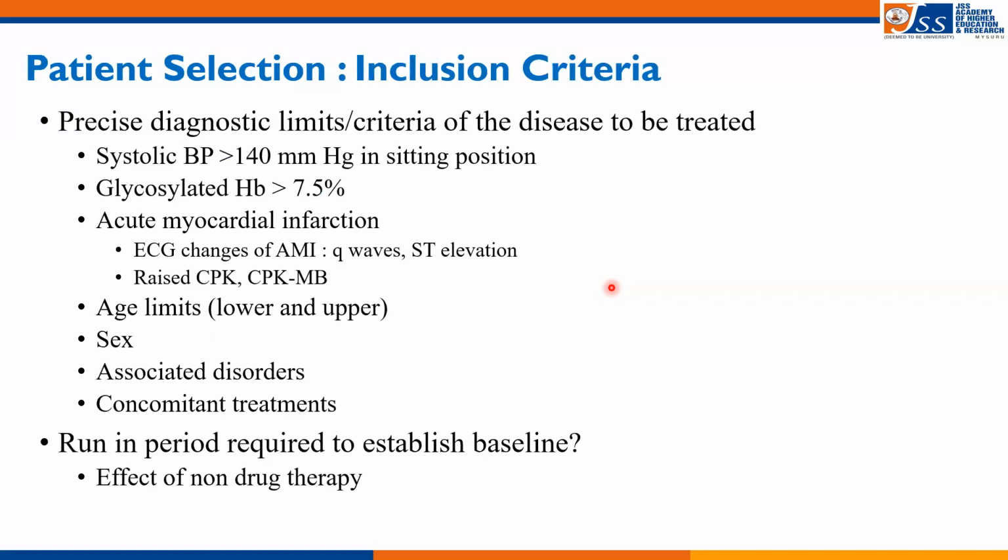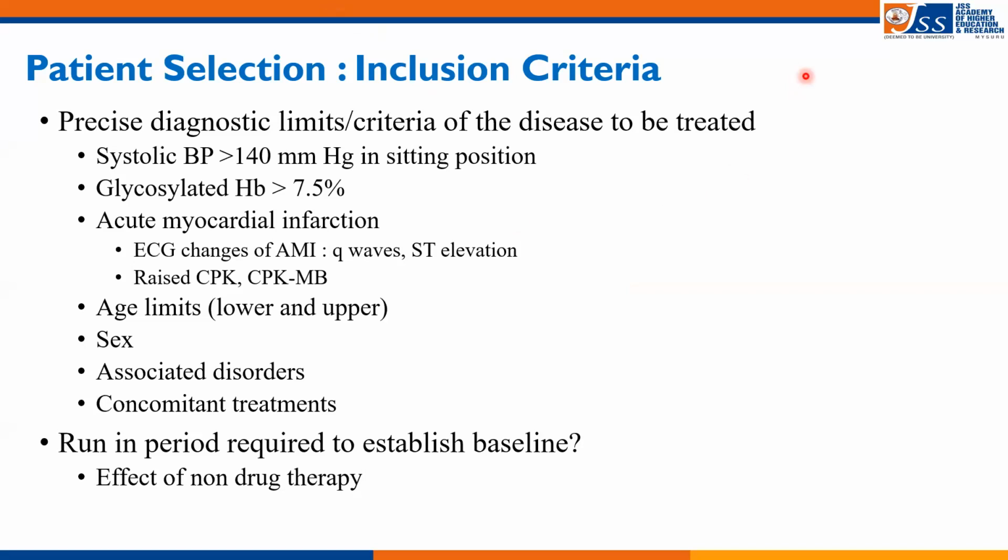A very important part of the clinical trial protocol, or the execution of a clinical trial protocol, is patient selection. That means you need to enroll the people or the patients for the conduct of the clinical trial. So the patients who are enrolled as part of your clinical trial should meet certain criteria.